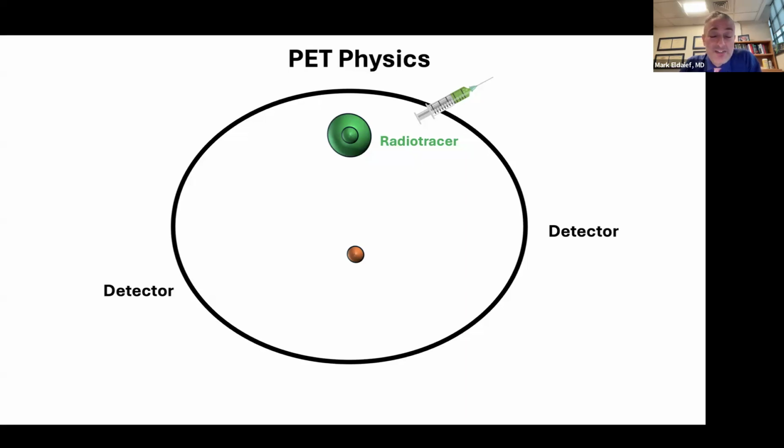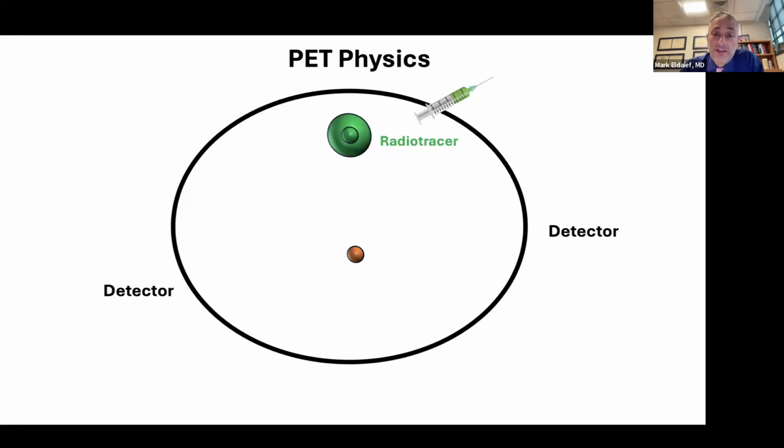It loves to use that as an energy source. And you just injected sugar into someone's blood, and then you took pictures, you wouldn't see anything at all, right? Because there's nothing fancy that's going to light up from just regular old sugar. So what you have to do is make that radiotracer, that drug, radioactive.